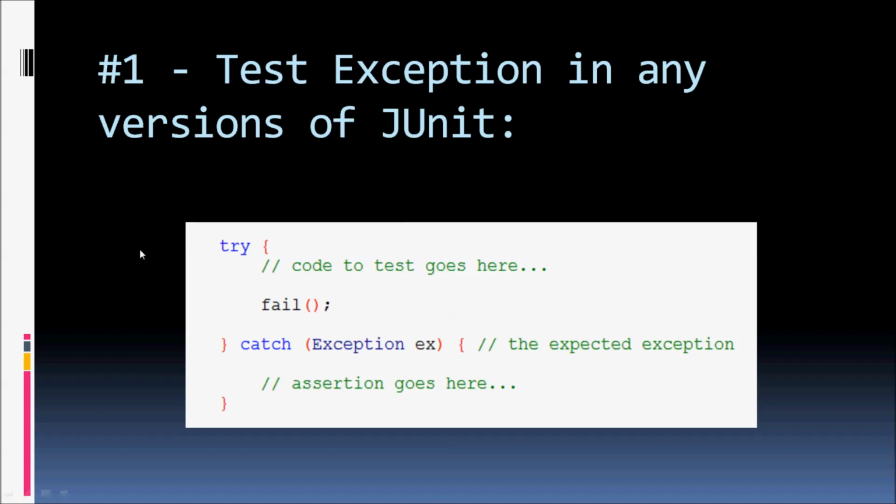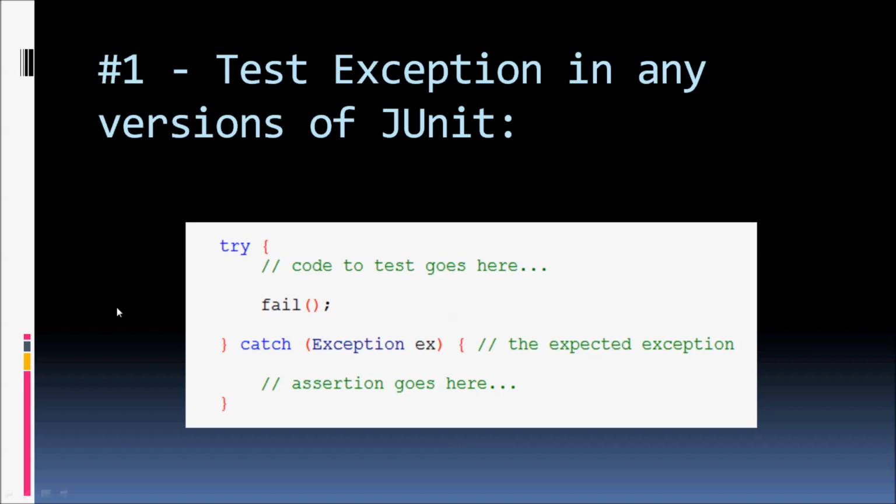You see, we put the code to test in the try block, and after the test code we fail. So if the code to test doesn't throw any exception, the fail method is executed. That causes the test to fail.